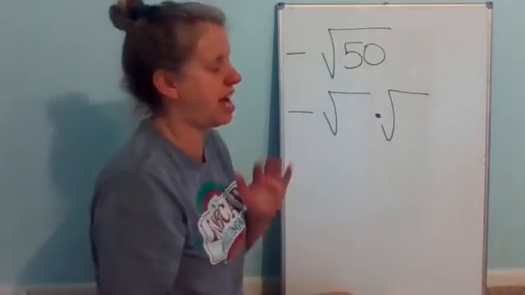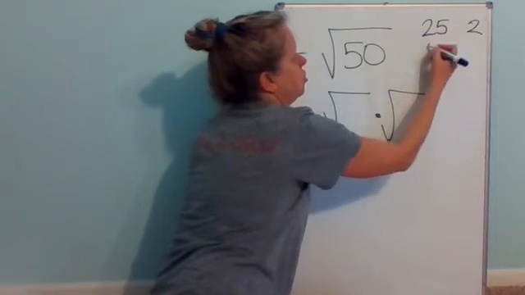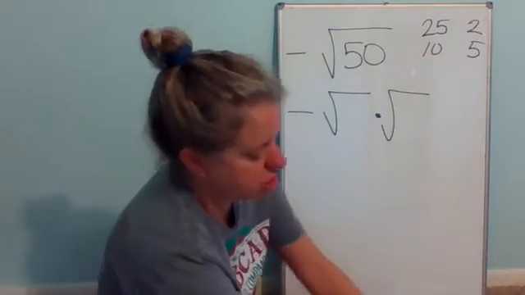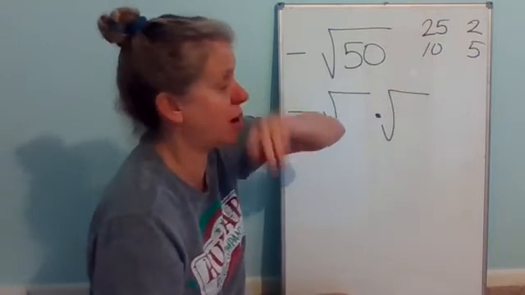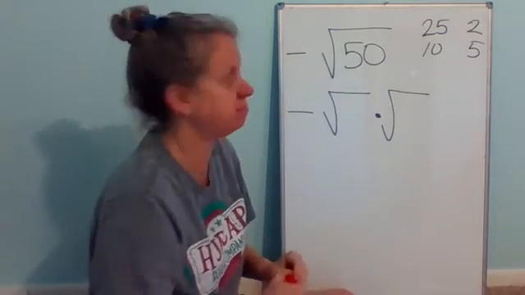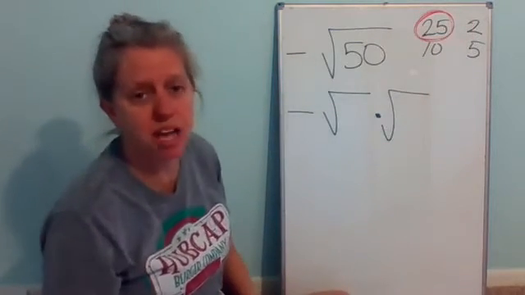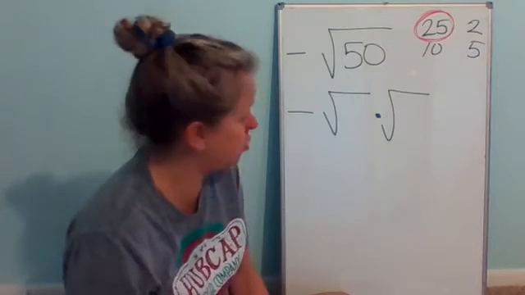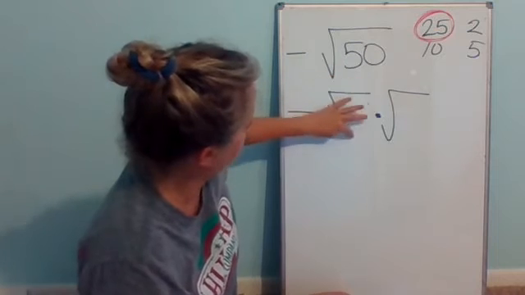50 and 1 doesn't count. That doesn't help me. 25 and 2, 10 and 5. Is there a number in this group that you can take the square root of evenly? That one right there, right? What times itself is 25? 5. So I can take the square root of 25. And remember, where does your perfect square go?